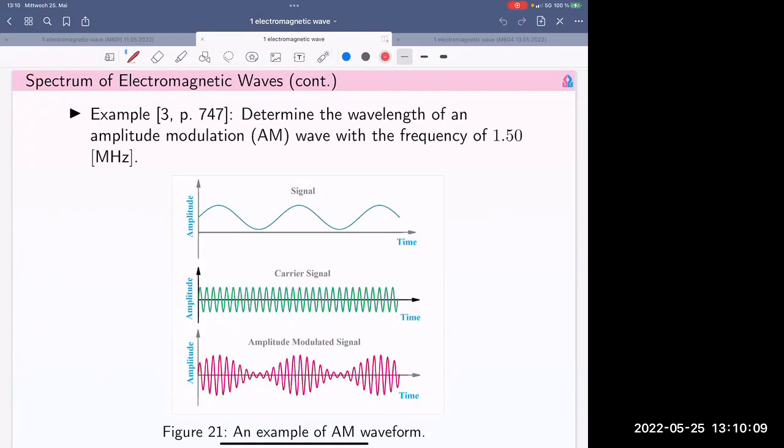We have c equals lambda f, right? Lambda is the wavelength, f is the frequency in hertz, and c is the speed of light.